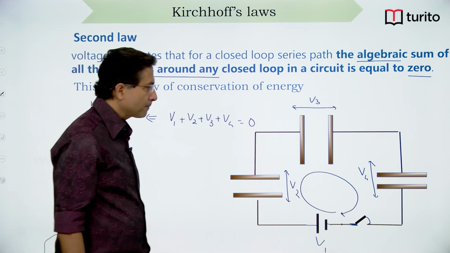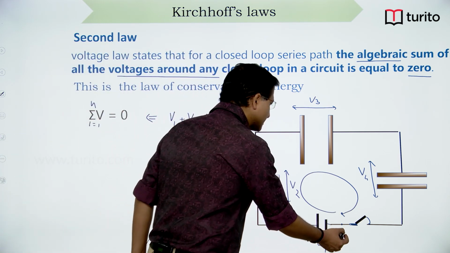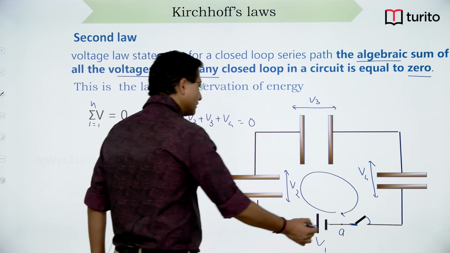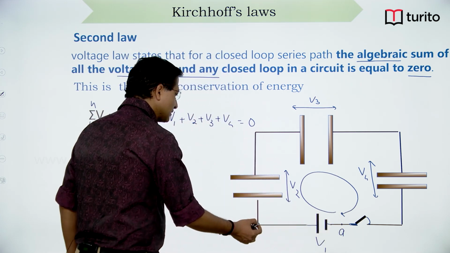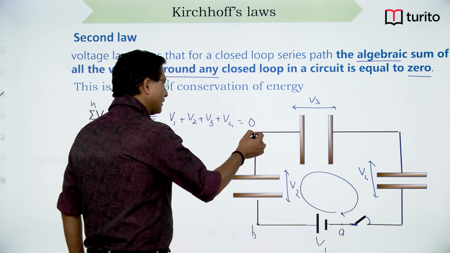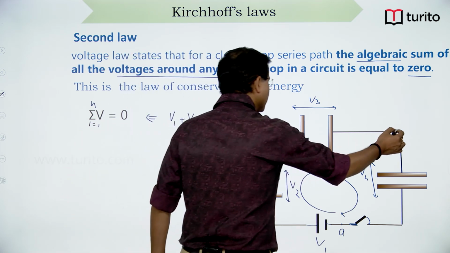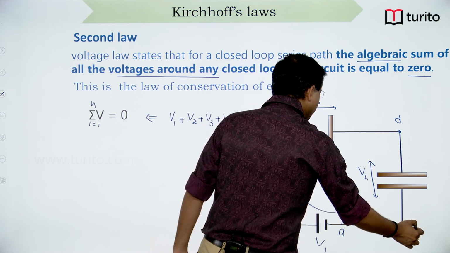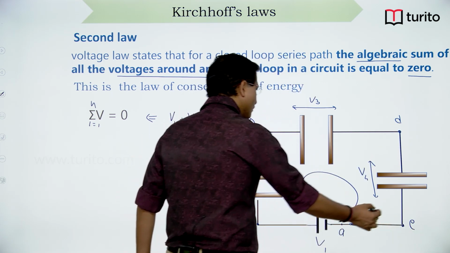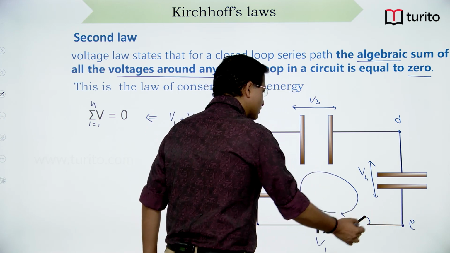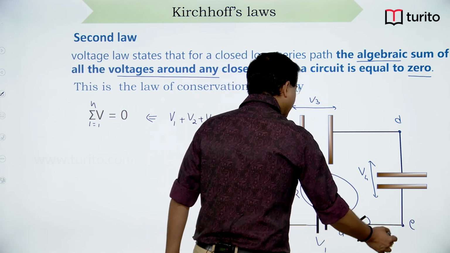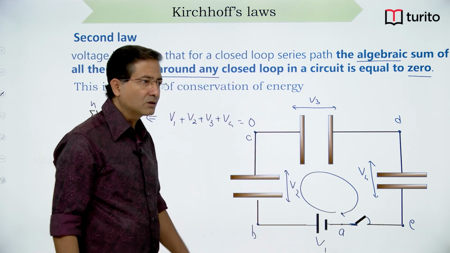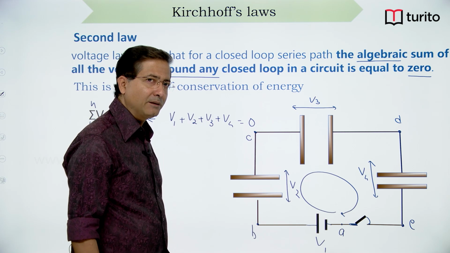If you look at this one, if I name this junction as A, this as B, this one is C, this one is D, and here it is E, right. When these two are connected, this switch is closed, these two are connected and will be at the same potential, and in the last class we have seen that two terminals at the same potential can be named the same.